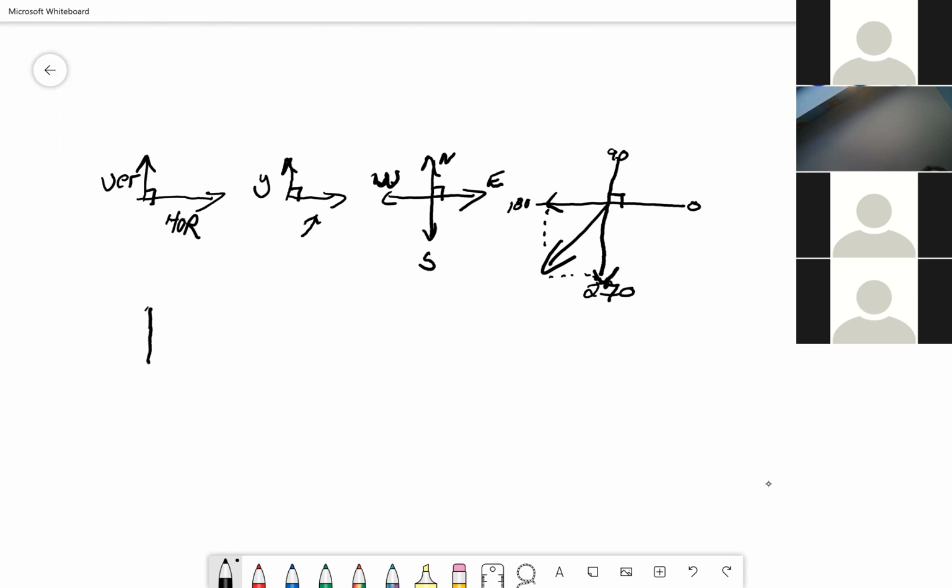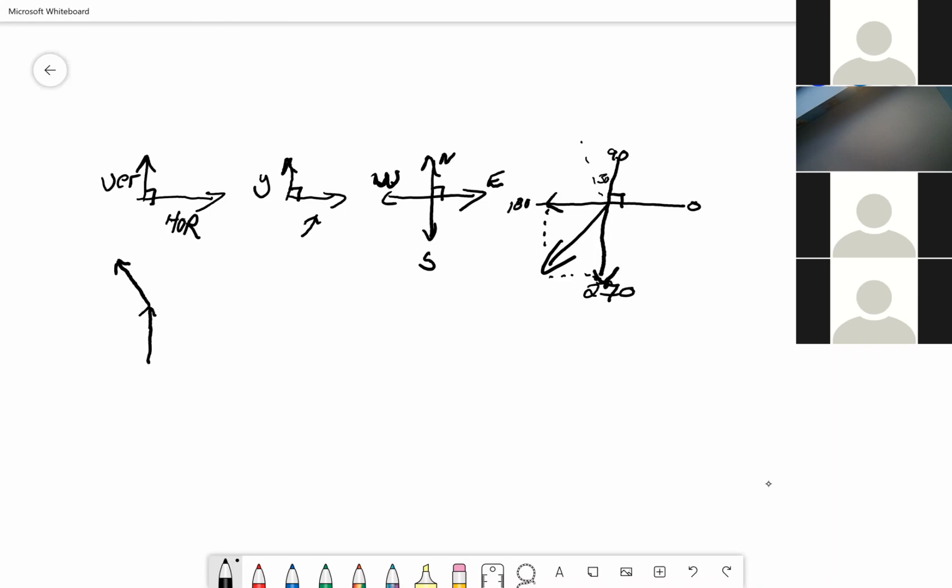60 N at 90 degrees. And then 120, which would be 90 plus another 30, right? So we take 90 plus another 30 and go about 80 newtons. That's roughly to scale, and you can put this to scale very easily.